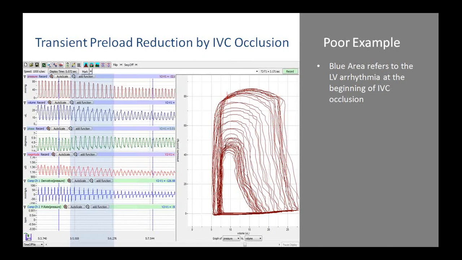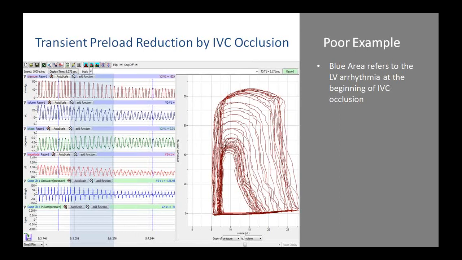So in the mouse IVC occlusion, this is a poor example. In this case, I will point you to one major pitfall. When arrhythmias occur, please don't perform IVC occlusion and rather wait for full recovery or pressure restitution and then perform IVC occlusion. You cannot use this occlusion and compare it to the non-arrhythmia group occlusions.